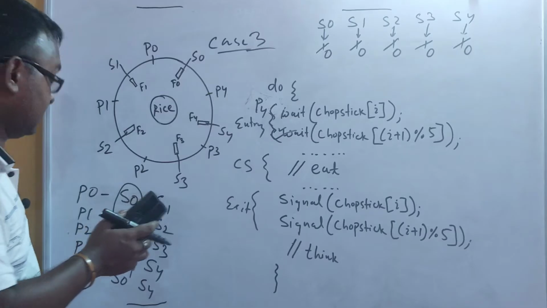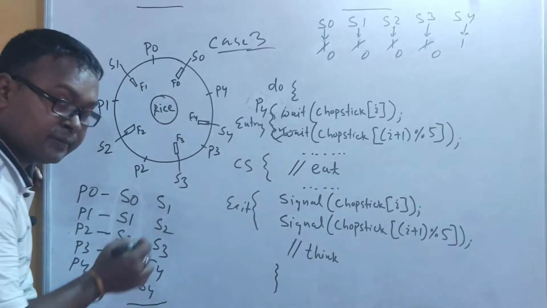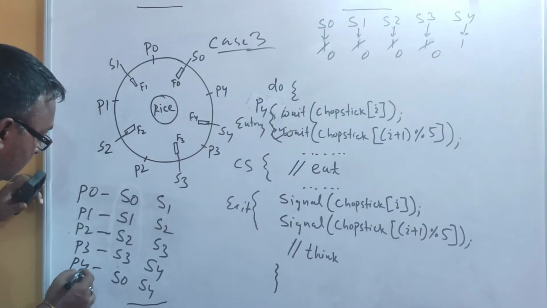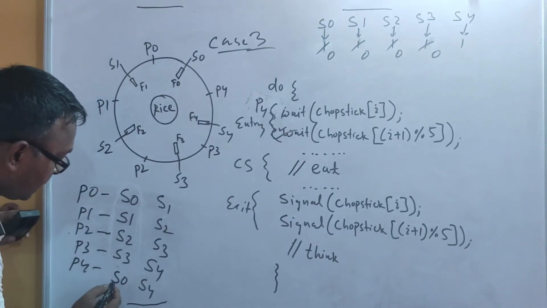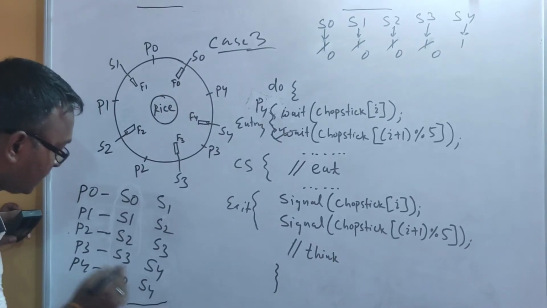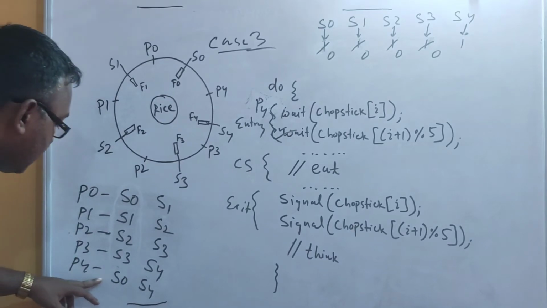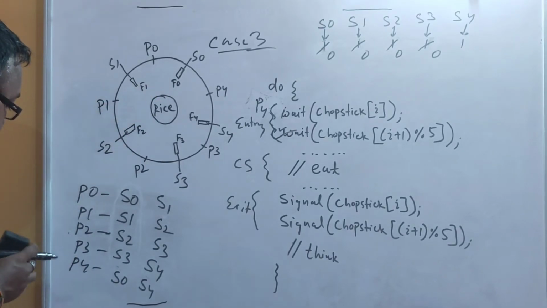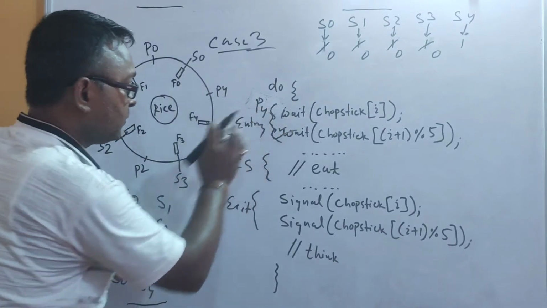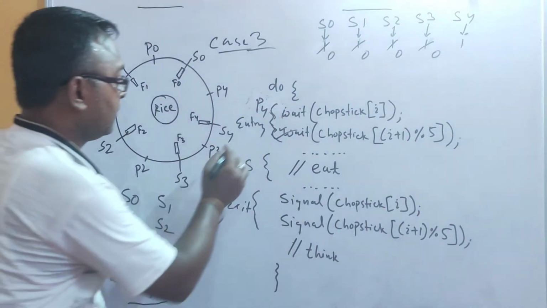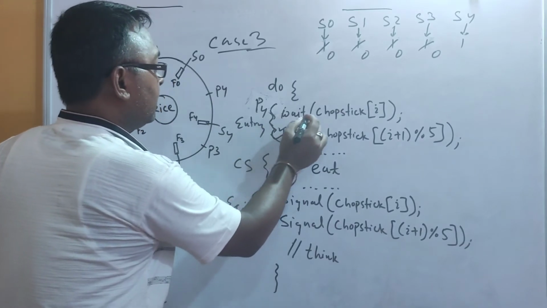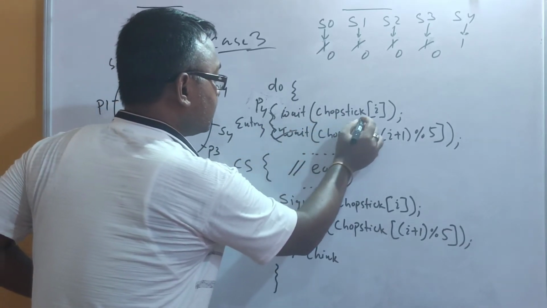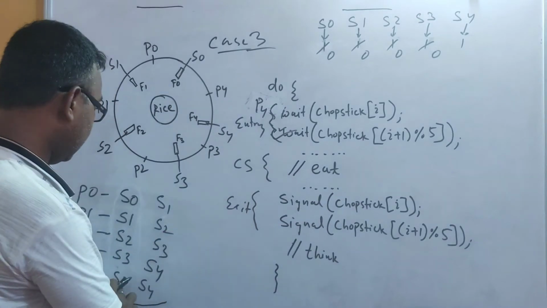So how? We can get the solution by reversing the code. The last process P4, if we make it S0 then S4, so right now when P4 wants to access this particular resource, it needs to execute this particular code, where chopstick I means semaphore S0.